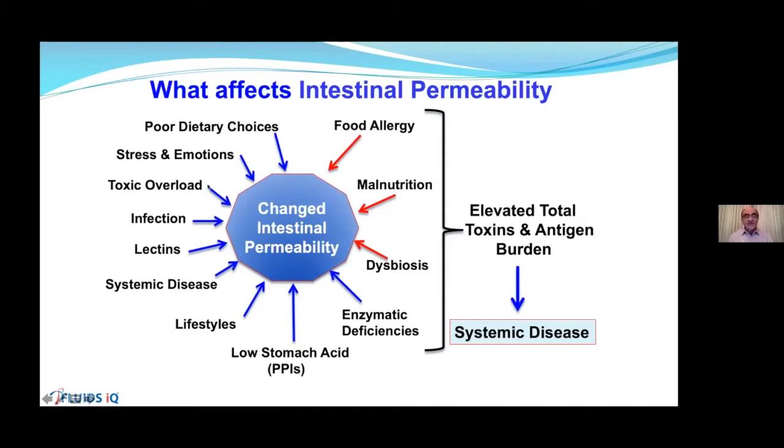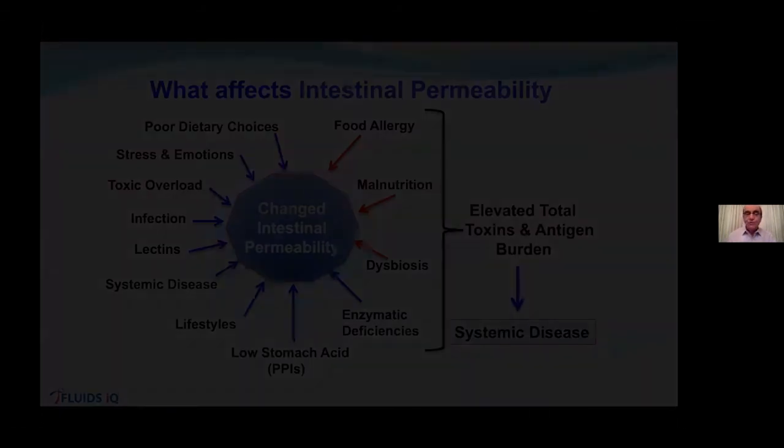All of that, together with these others, will lead to elevated total amounts of toxin and antigen burden that the body needs to deal with. And if it cannot deal with it properly, you enter into not just a local inflammatory response, but something that enters into systemic disease or chronic inflammatory problems.